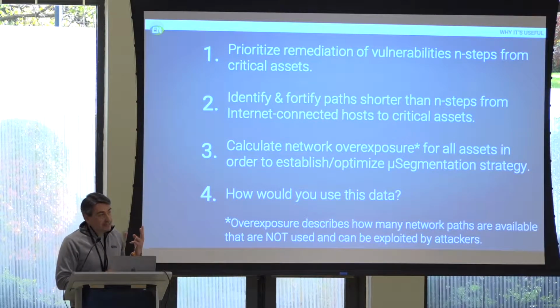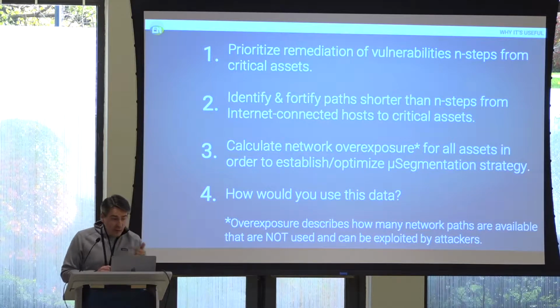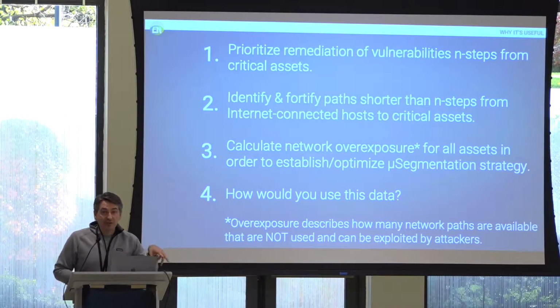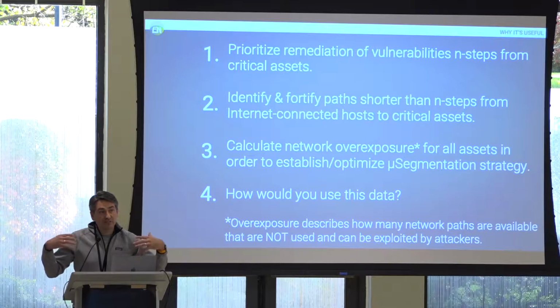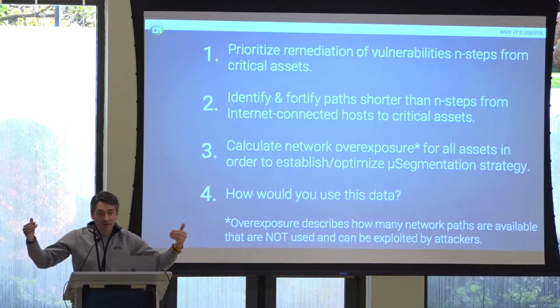Number 3 is network overexposure. So it's probably not a familiar term. It's something that we made up at Edgewise, but network overexposure is how many paths to a given target did I discover versus how many of those are actually needed. So I've got a database that has the potential to accept 100 connections from various sources, yet only 10 of them are actually needed.